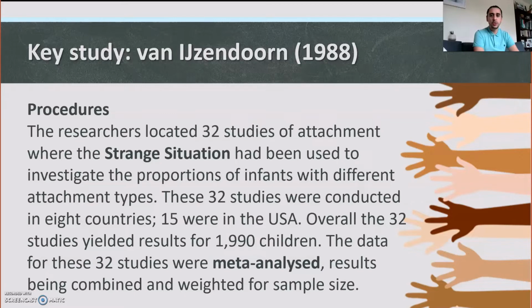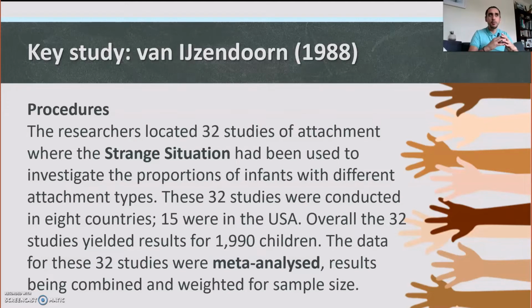The researchers located 32 studies of attachment where the Strange Situation had been used to investigate the proportions of infants with different attachment types. These 32 studies were conducted in 8 countries. 15 were in the USA. Overall, the 32 studies yielded results for 1,990 children. So that's one strength of having a meta-analysis.